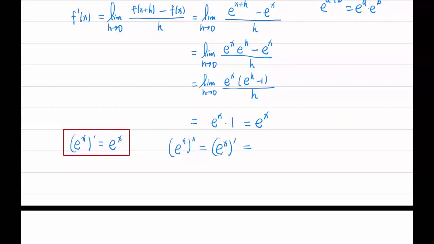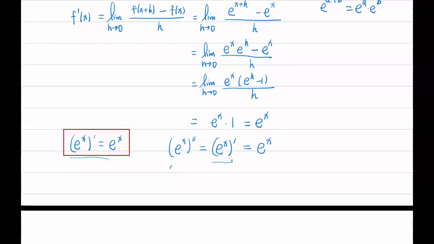The derivative was e to the x. The derivative of e to the x is e to the x. So the first derivative is the same. This implies the second derivative is also the same.